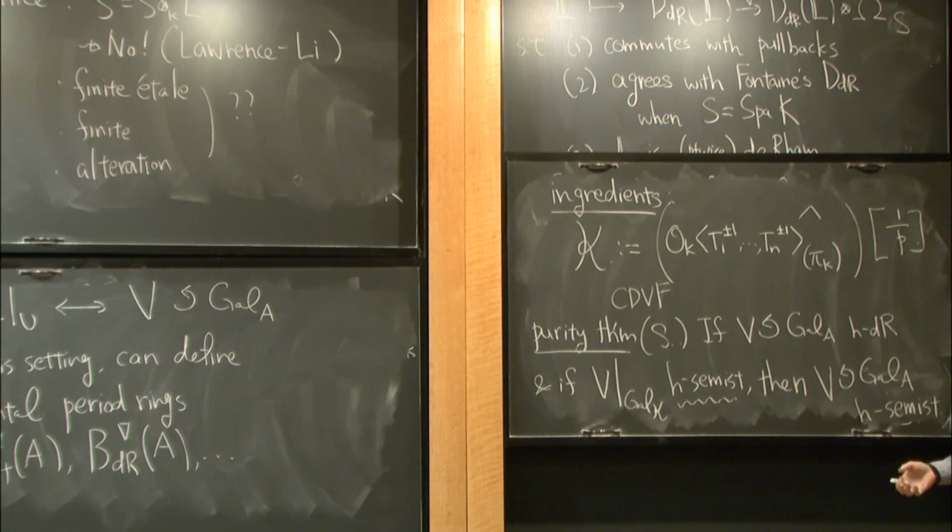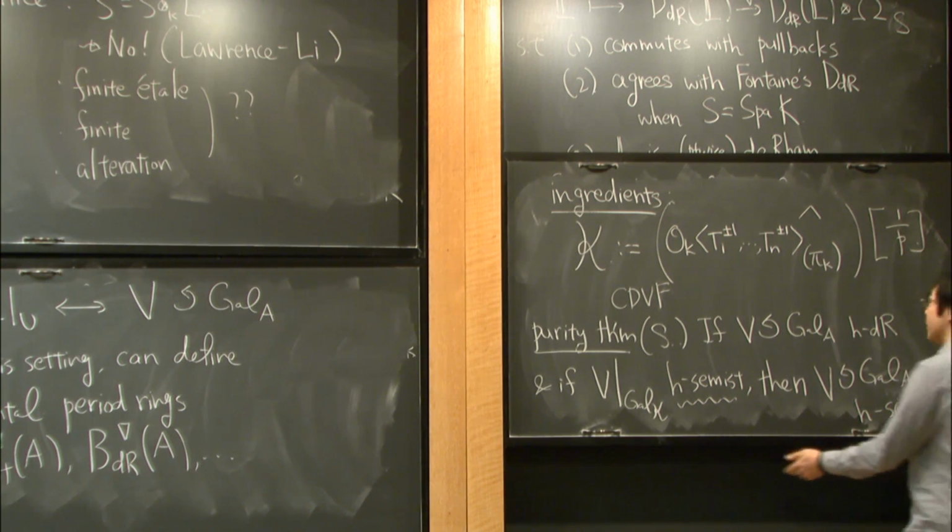So kind of purity theorem. You can just judge whether your representation is horizontally semistable or not by looking at the generic point in a suitable sense.